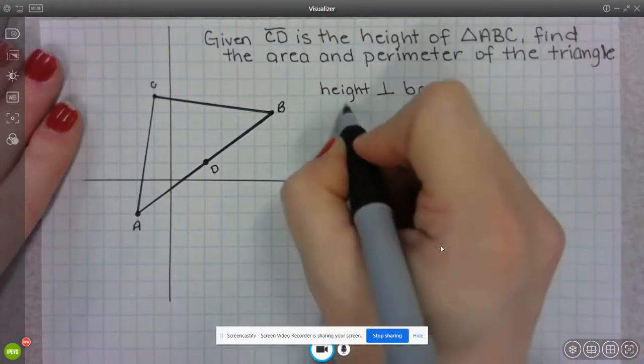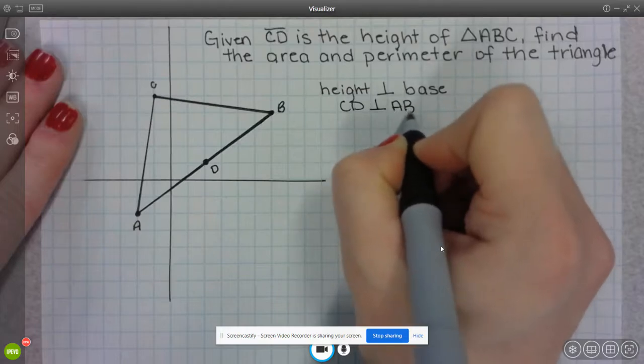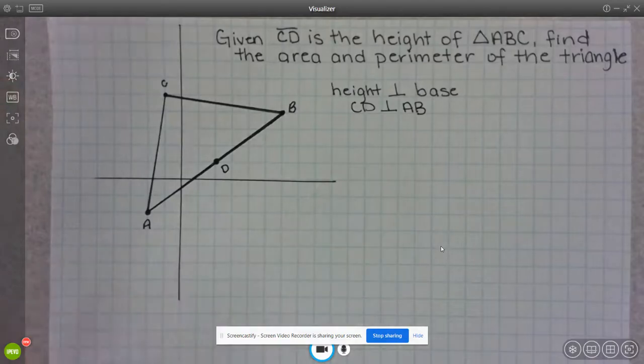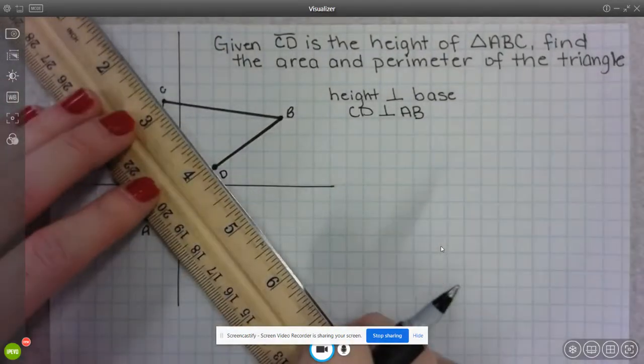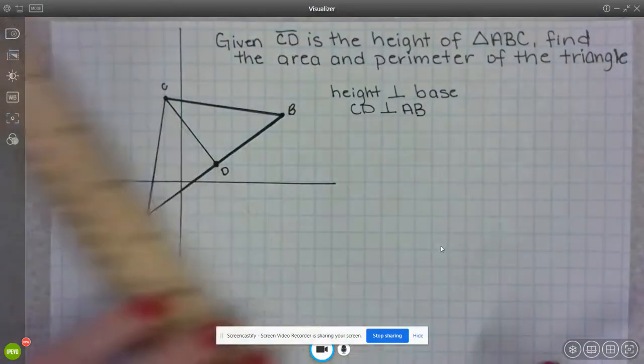So here, CD needs to be perpendicular to AB. So that's one thing that we need to double check first before we go any farther. So I'm going to connect C and D right now just so we can see it a little bit better.